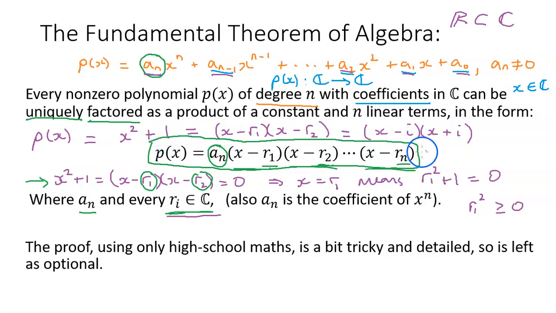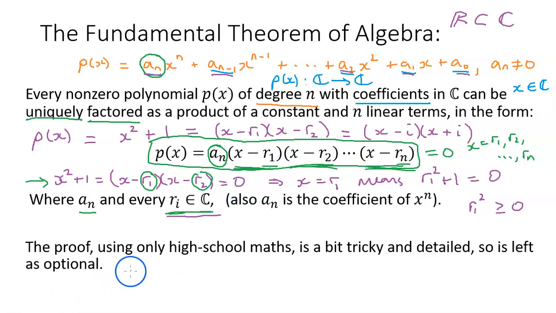And as we can see, this is extremely convenient because if we set it equal to 0, then we immediately know that our values of x are r_1, r_2, all the way up to r_n, and no others. Because if there was some other value that's not equal to r_1, r_2, or r_n, then none of these linear factors would be 0, and then we would have a product of non-zero numbers multiplied together to get 0.